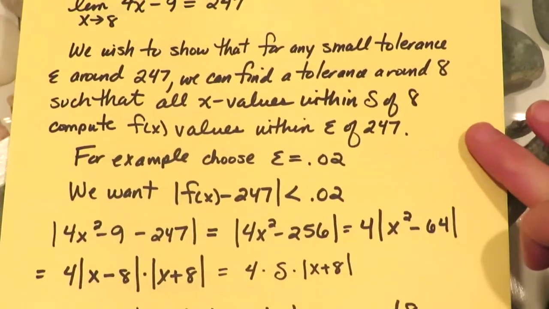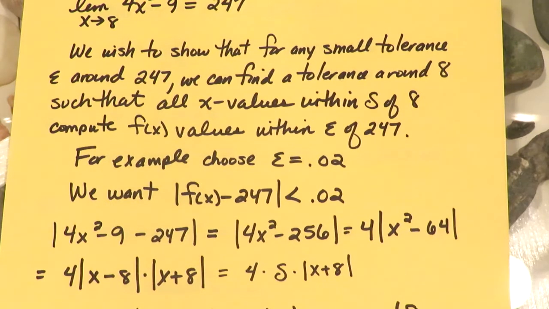If that were the case, then we would want the distance between my function and 247 to be less than 0.02. My function is 4x squared minus 9, so I'm replacing f of x with 4x squared minus 9. If I clean up 4x squared minus 9 minus 247, I get 4x squared minus 256.